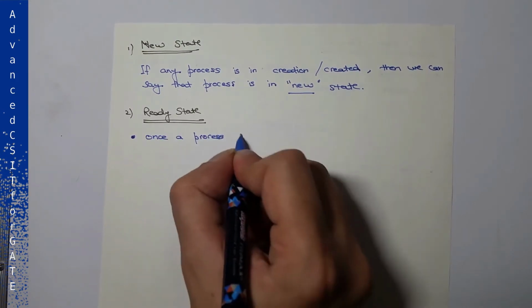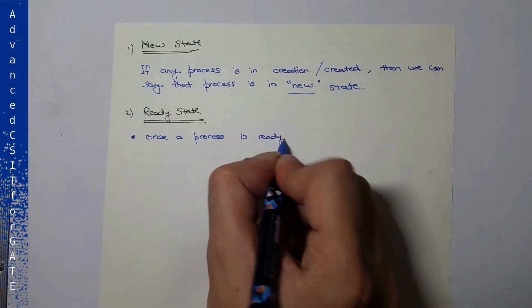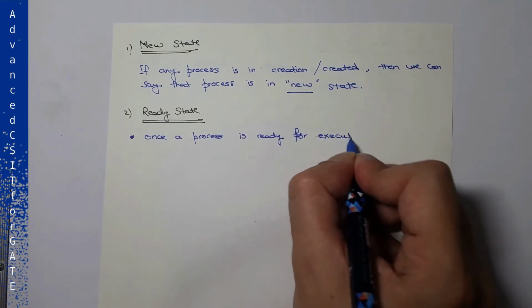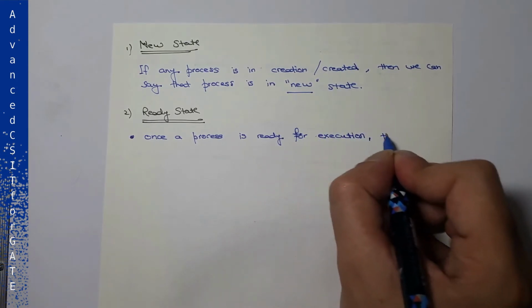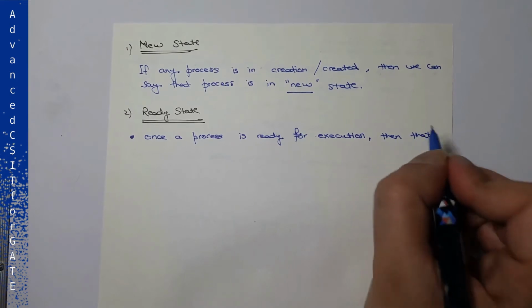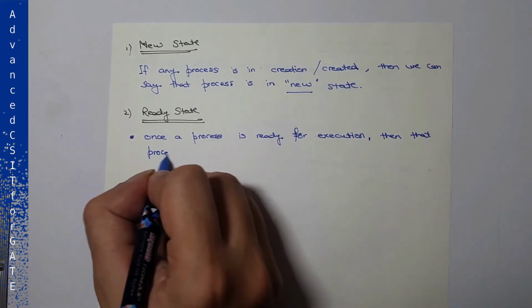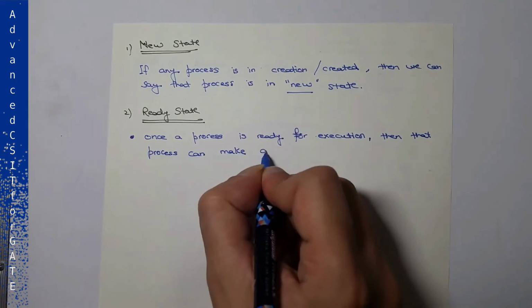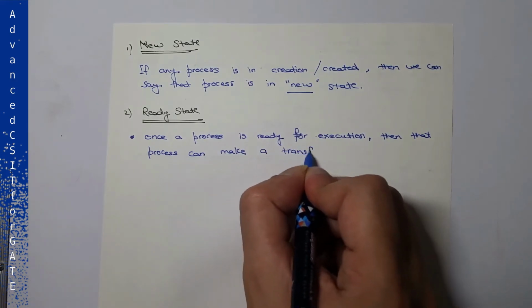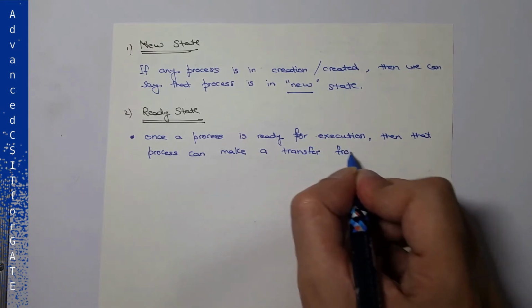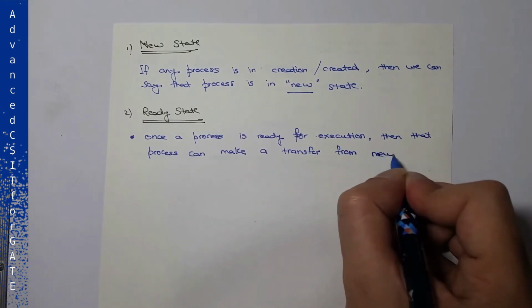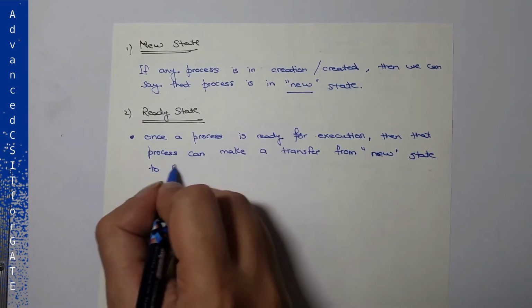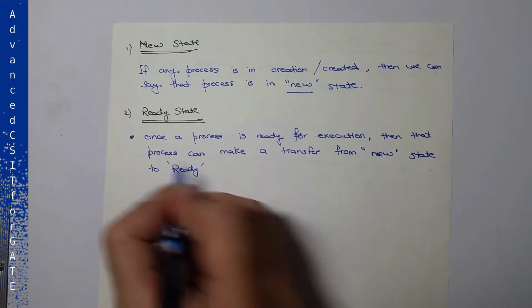Once a process is ready for execution, then that process can make a transfer from new state to ready state.